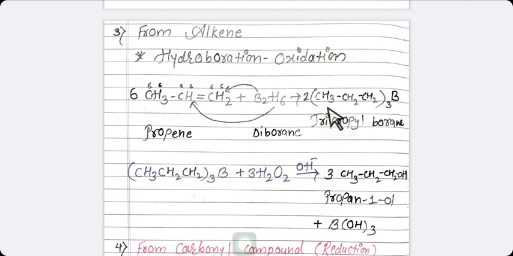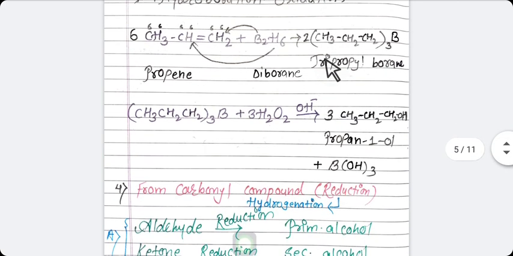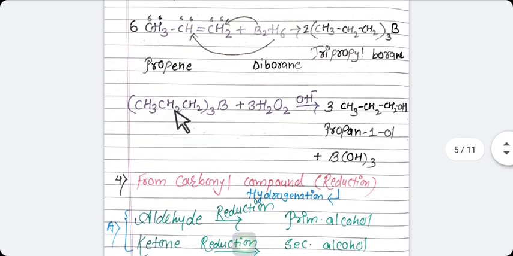Total propyl group in a 6 quantity and boron in a 2 quantity. The name of this compound is tripropylborane. The whole compound tripropylborane is having a quantity 2. From this 2 quantity, we are taking only 1 tripropylborane.